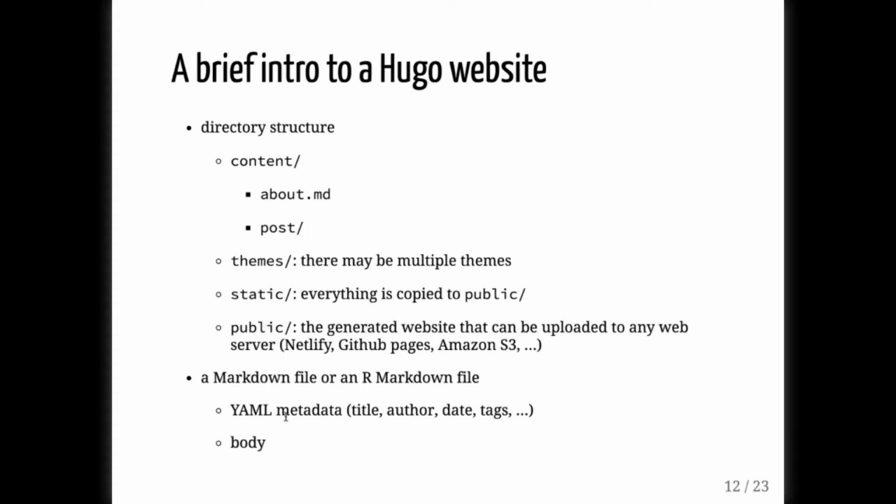And I think most of you must be familiar with the structure of an R Markdown document. So basically, in the beginning, you have some YAML metadata where you specify things like the title and author and date of your document. And then you will start writing the body of your document.